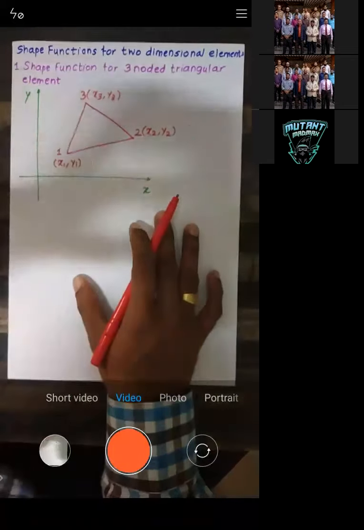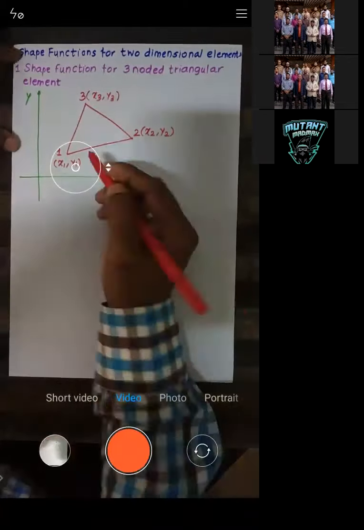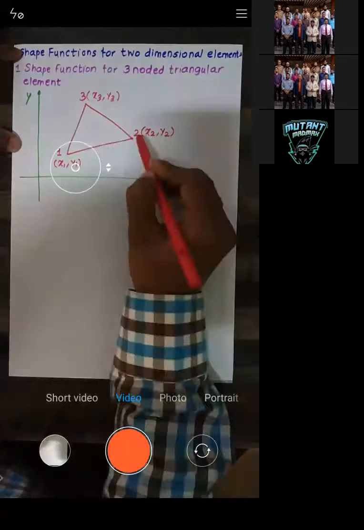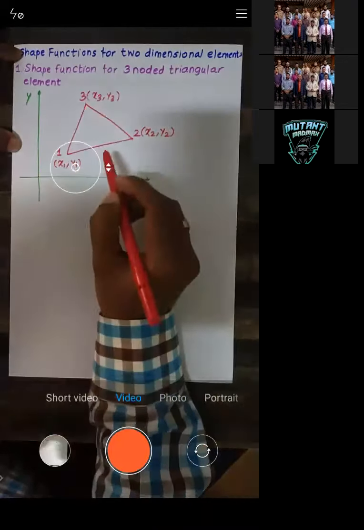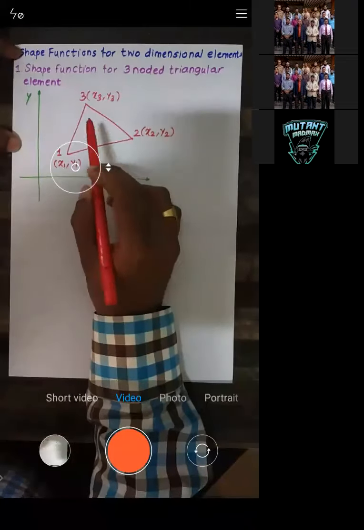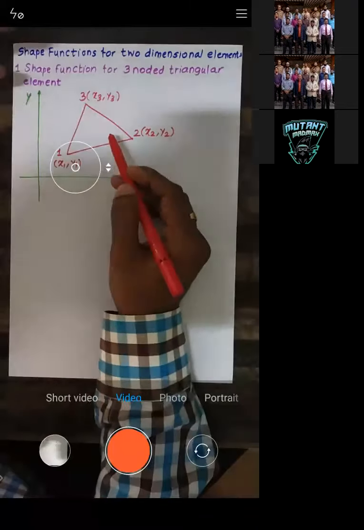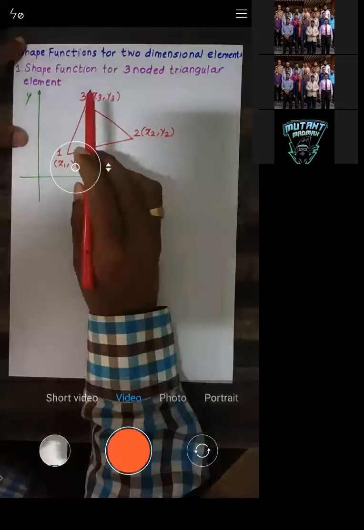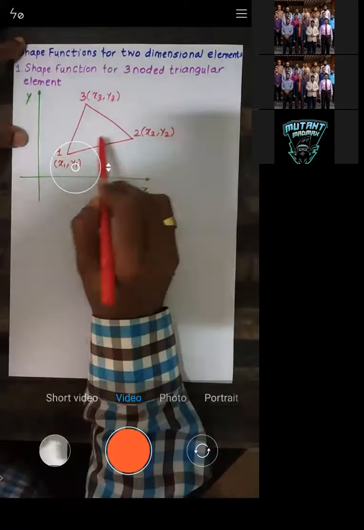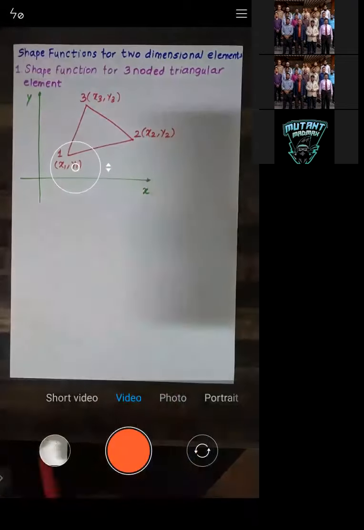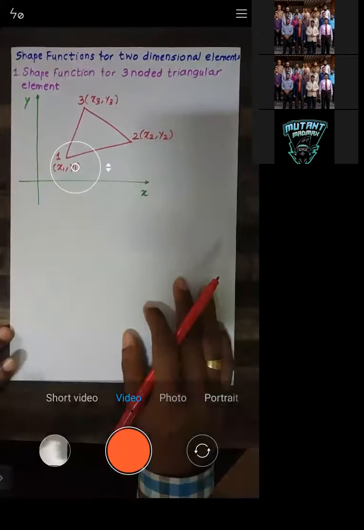For that we require the shape functions. This is not only about displacement. If I give you the temperature at node 1, node 2, node 3, and ask for the temperature at a point inside the triangle, you can calculate it similarly. Similarly for pressure at points 1, 2, and 3. For that we require the shape functions. That is the reason why we are going to see the shape functions.